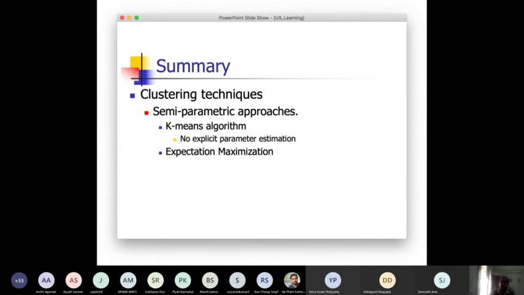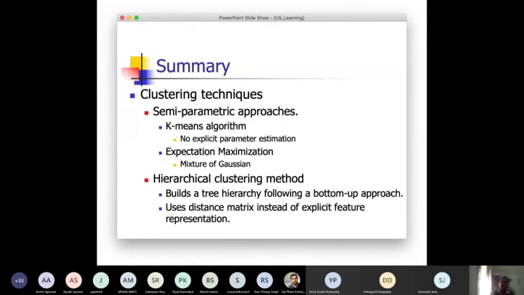And then the expectation maximization approach, where the mixture of Gaussians is computed, is parametric in that case. Then we discussed hierarchical clustering methods. It builds a tree hierarchy following a bottom-up approach, and it uses a distance matrix instead of explicit feature representation. That is the characteristic of hierarchical clustering methods that we discussed here.